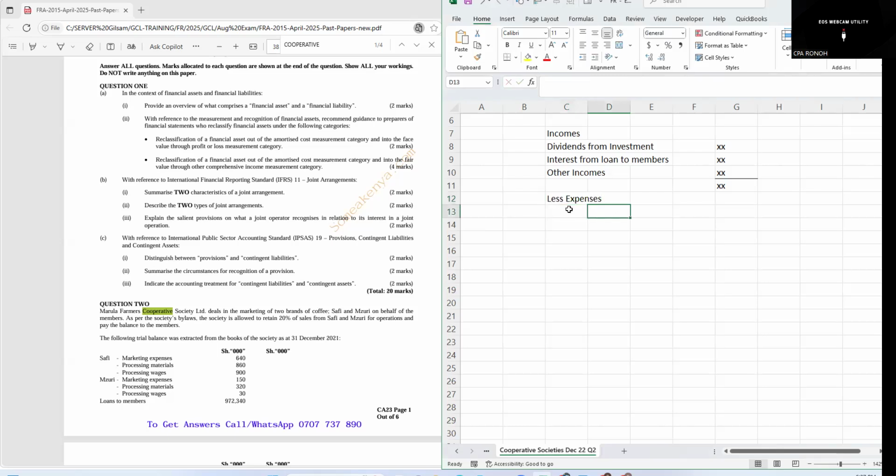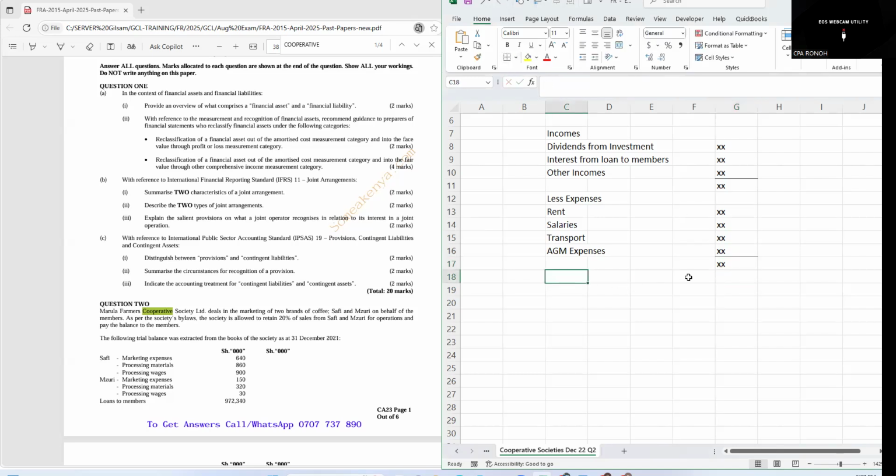So we have the normal expense, rent, and then we have salaries and wages, transport, you might even get AGM expense. Thereafter, you'll get the total expenses.